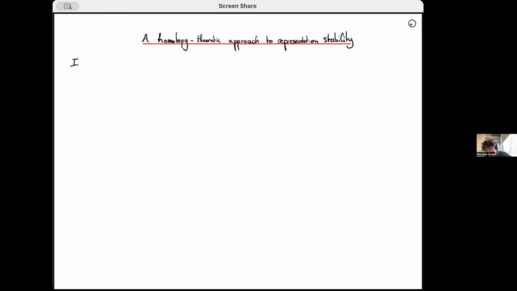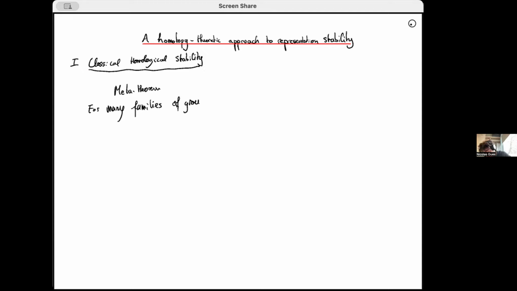So first of all, I want to talk about classical homological stability. The phenomenon of homological stability is a kind of meta theorem that says that for many families of groups or spaces that come in families indexed by the integers, so I have a family of groups or spaces, it happens that if one tries to compute the homology with coefficients, let's say in Z to start with, there's often a transition map, a stabilization map that goes from Gn to Gn plus 1 that induces a map in homology.